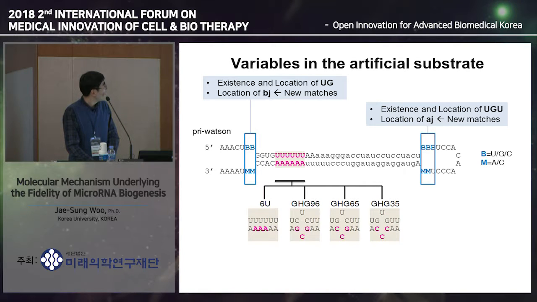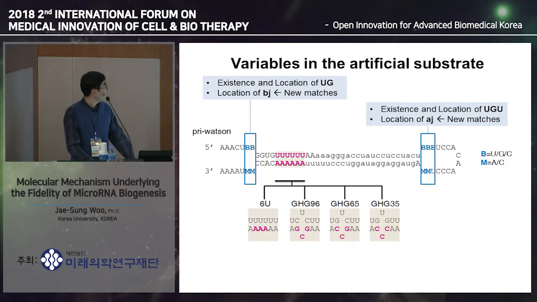What could be the variables in this artificial substrate? It will have 4 variables in the GHG motif, and this part will make or remove a UG motif, and also the location of the UG motif will change, and the location of the basal junction can also change.